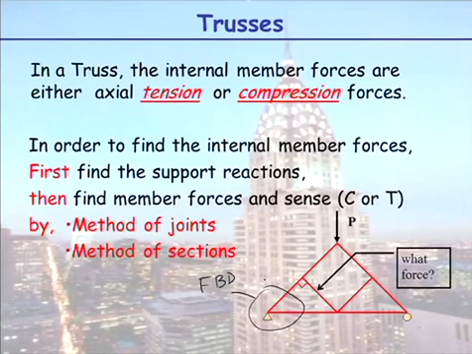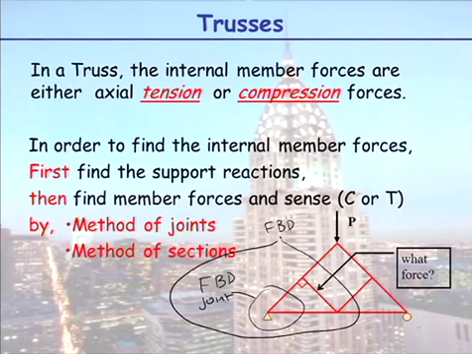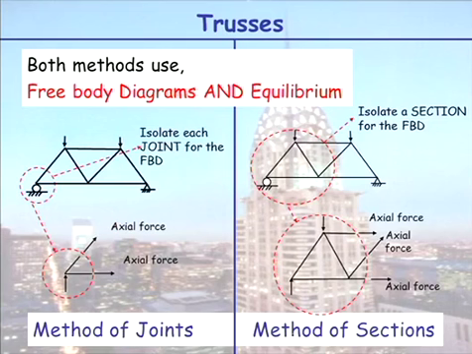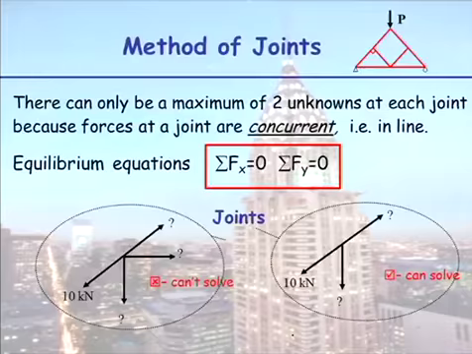For the method of joints, it circles around a joint. For the method of sections, it cuts through and includes more than one joint in there. Okay, so looking at the method of joints first.